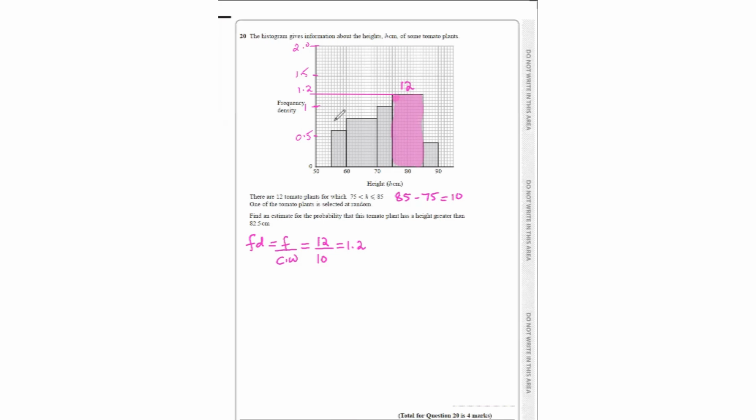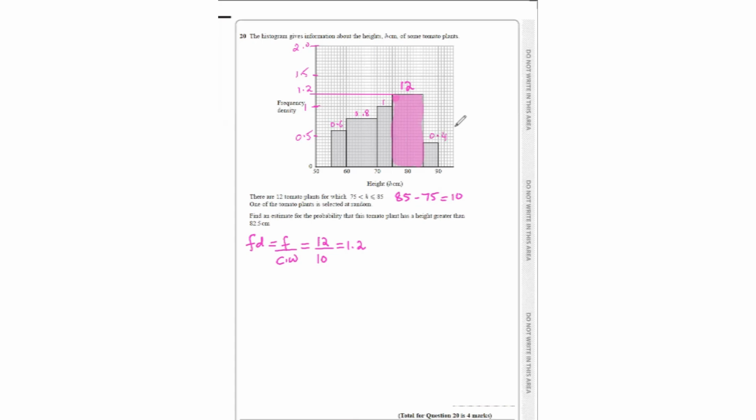Two big boxes equal 0.5, which means two small squares add up to 0.1. So based on that, this one has a frequency density of 0.6. This one has a frequency density of 0.8. This is 1. And the last one is 0.4.